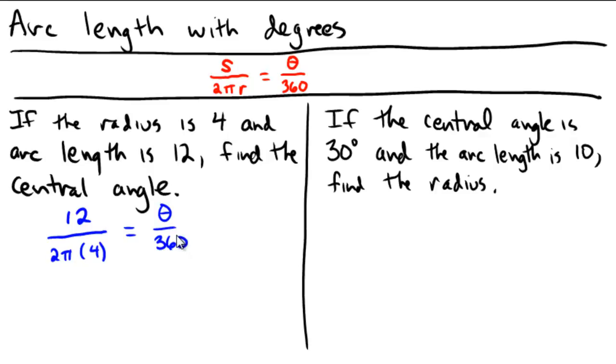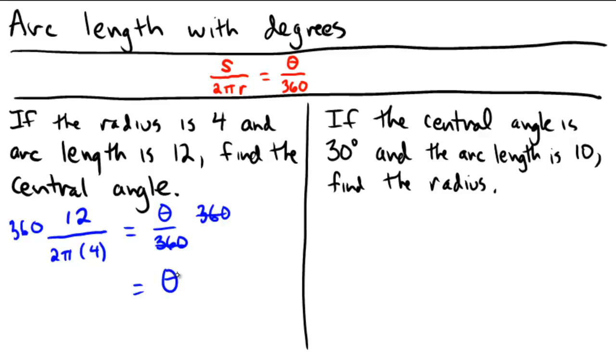So 12 over 2 pi times 4 equals theta over 360. If you want to isolate theta, we would multiply both sides by 360. So on the right hand side, you'd be left with just theta.